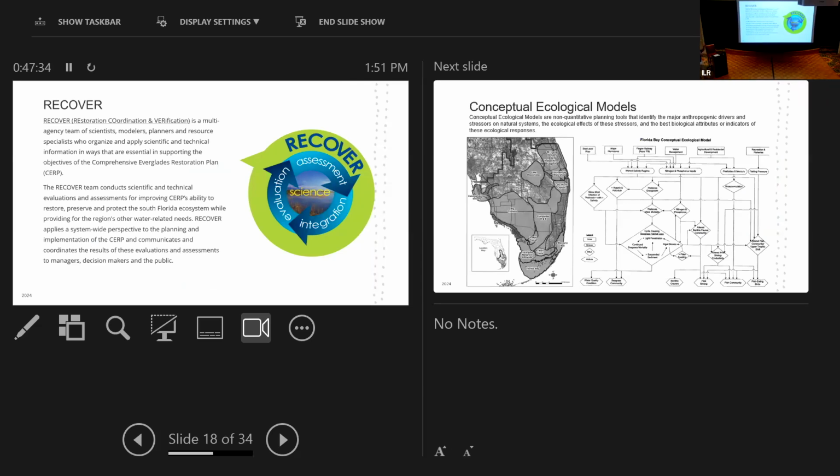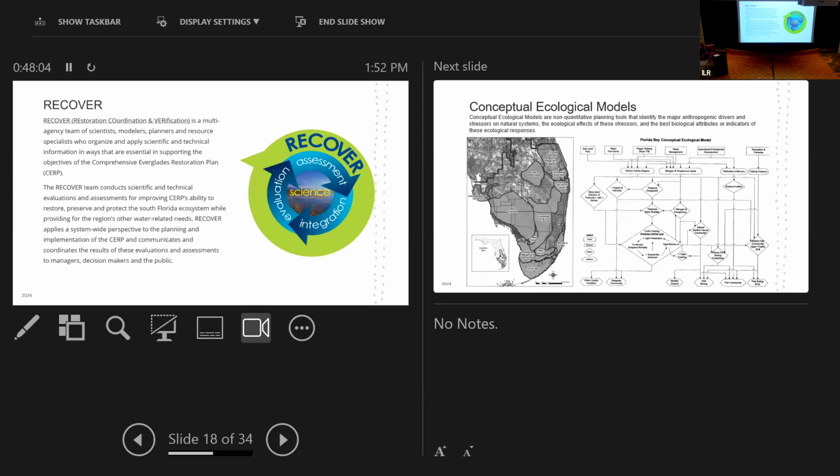It's the Restoration, Coordination, and Verification, and it's the science side with modeling and planners and the resource specialists. We were charged with putting together performance measures for the system and how to measure performance. And we were told right up front that it can't be "it looks like it's getting better or it's not getting any better." It had to be numbers. It had to be a number system that we could hang our hat on.